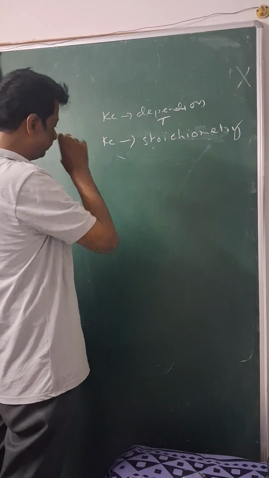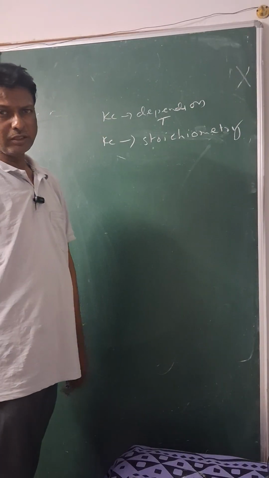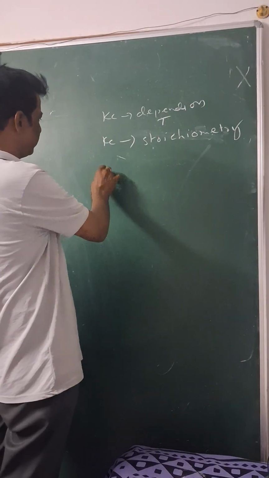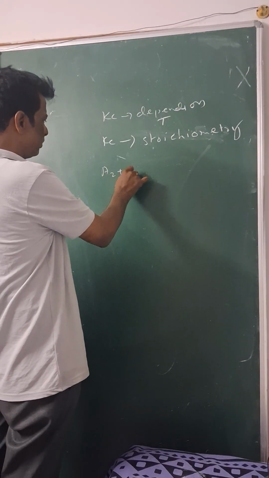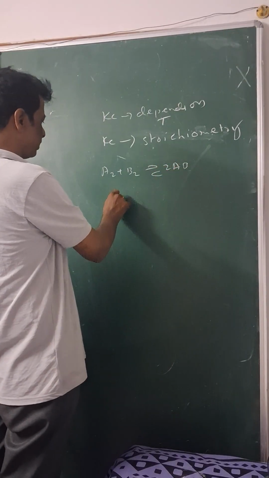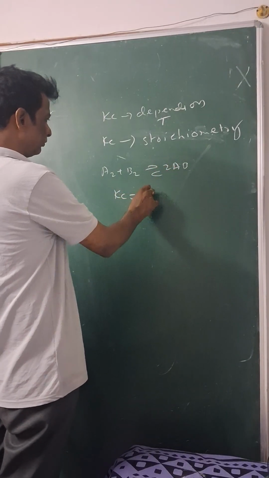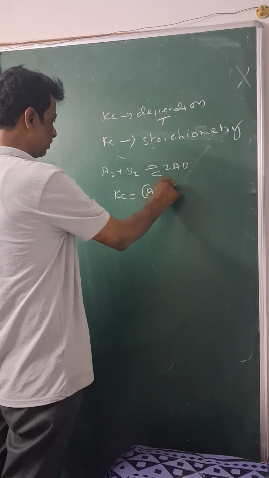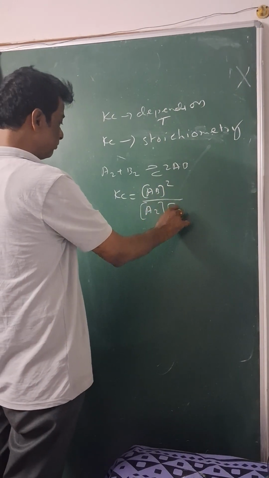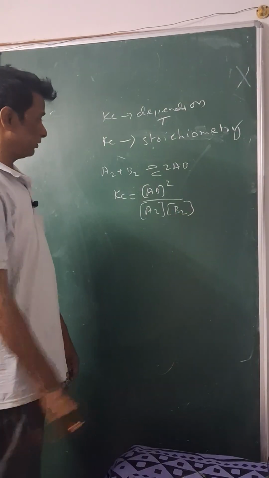Okay, for given reaction, Kc remain constant. A2 plus B2 gives 2AB, for example. Okay, what is Kc? AB square by A2 equilibrium molar concentration, B2 equilibrium molar concentration.